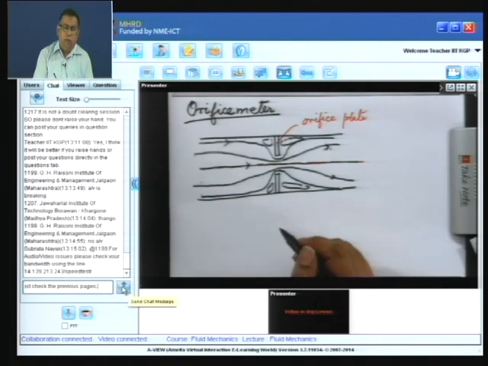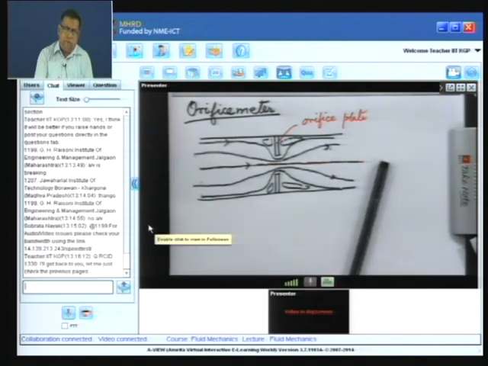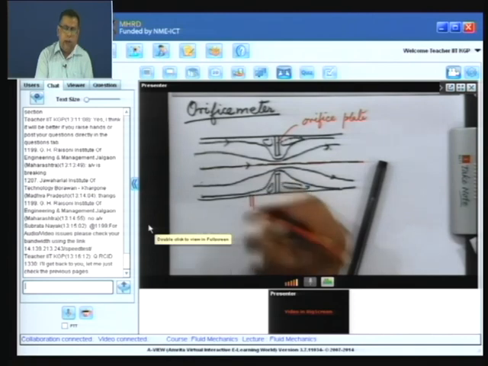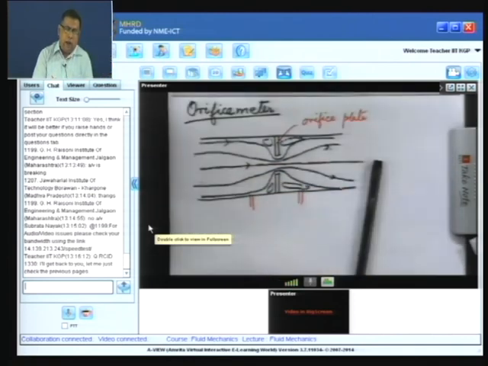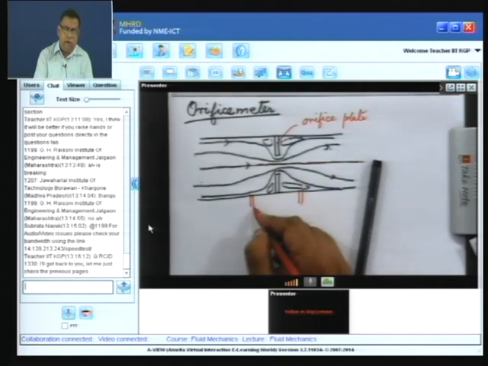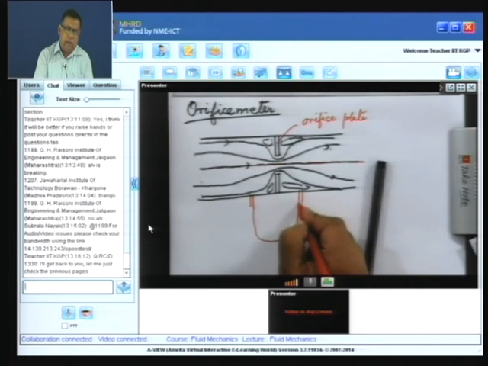So, here what we do is we will put a static pressure tap slightly upstream and a static pressure tap downstream and measure the pressure between these 2 points by connecting a flexible tube as before, as in the case of the venturimeter, and using a manometer liquid.